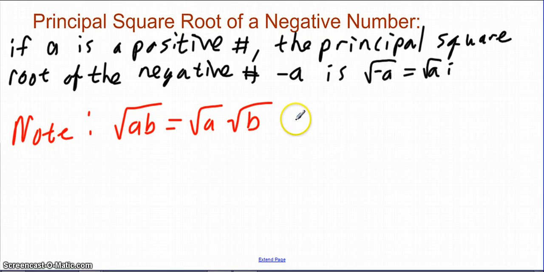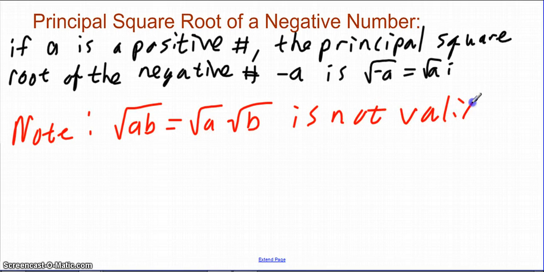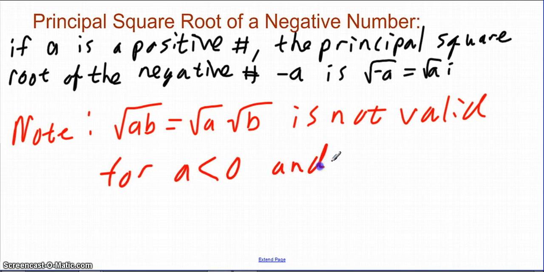So this is not valid for A is less than 0 and B is less than 0, because if a and b are negative, we have to pull the i out first for each one before we can combine them into a single product.